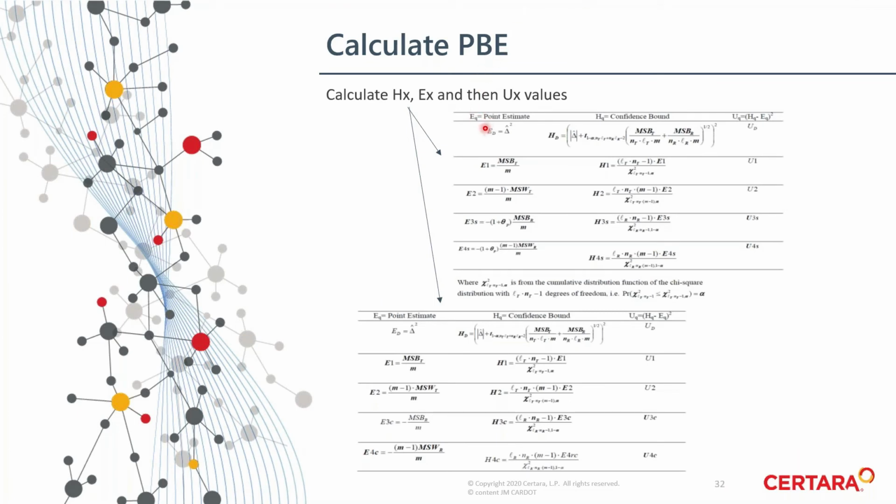So now I have all the values which help me to calculate H, E, and U. That means I can calculate everything. But you can see that you have two ways to calculate it. You have ED, E1, E2, the same thing for the upper and bottom tables, but then you have E3S, E4S, or E3C, E4C, which means that you have either a constant value or a scaled one.